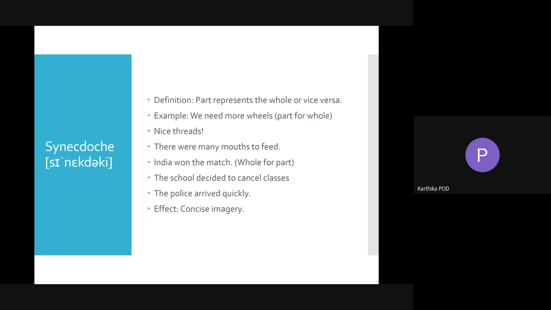But the cricket team is associated with India, so a part is associated with the whole. Sorry, the whole is taken instead of the part: the cricket team is a part of India, but you talk about it as India won the match. It is the exact opposite of what I explained in the first three examples.